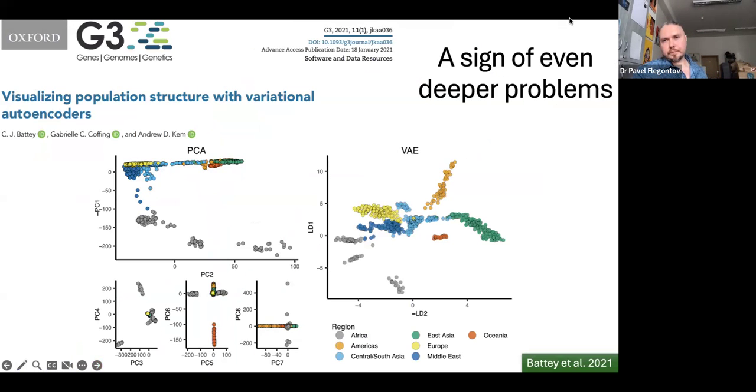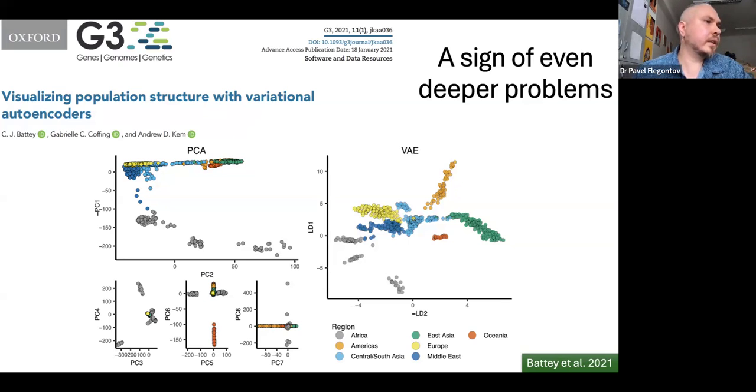And finally, let's make a bridge to the second part of the talk on PCA. This is an illustration of another problem in this paper by Bate and colleagues, where they compare the performance of various methods for visualization of population structure on high quality synchronous data.